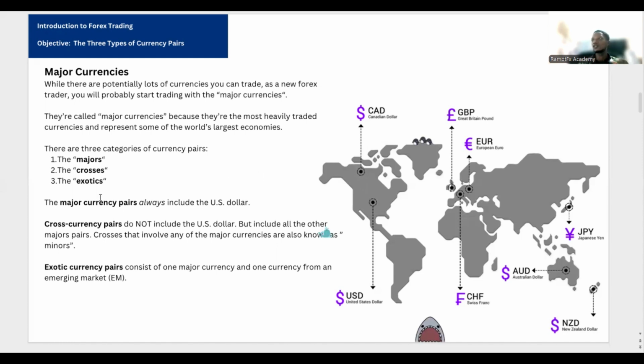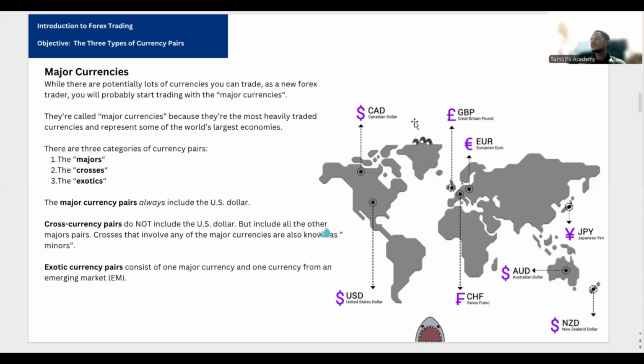Now, the cross pairs do not include the US dollar, but include all the other major currencies. Crosses that involve any of the major currencies are also known as minors. Put that in mind.